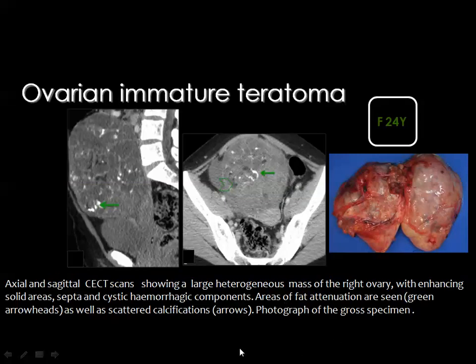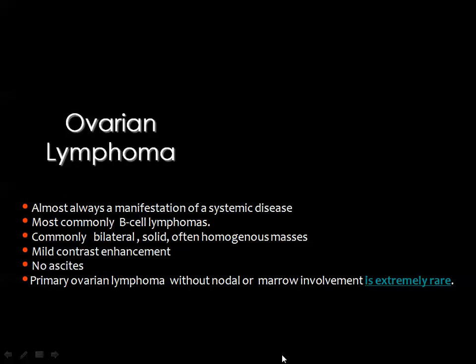And sometimes if you can see fat, and also you may see foci of calcium, this is fat which is darker than fluid, and some foci of calcium, then you may suspect that this is immature teratoma.